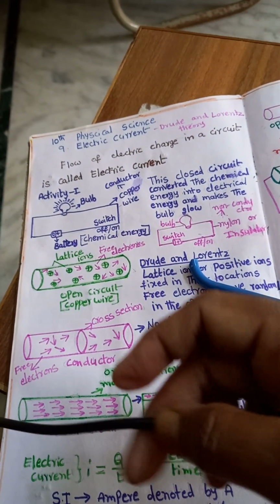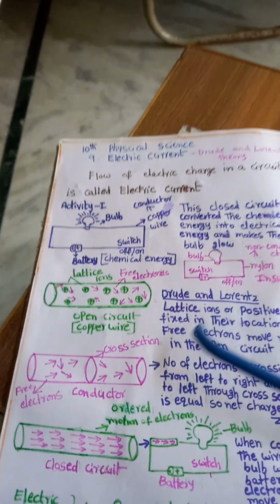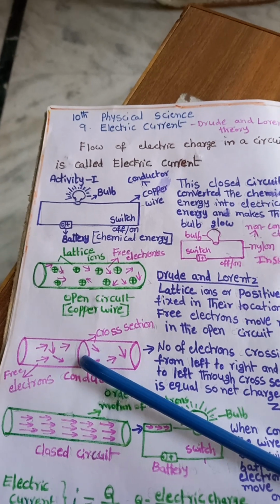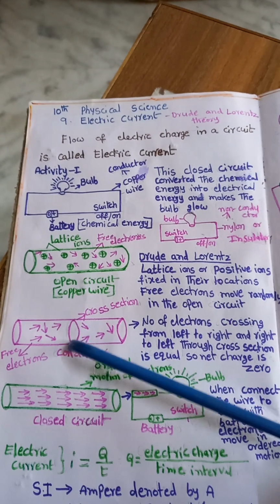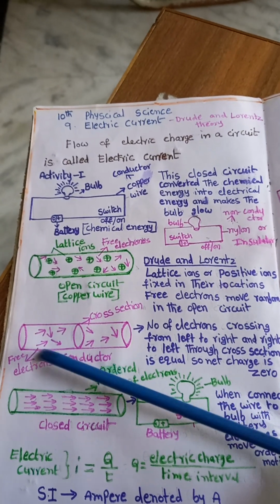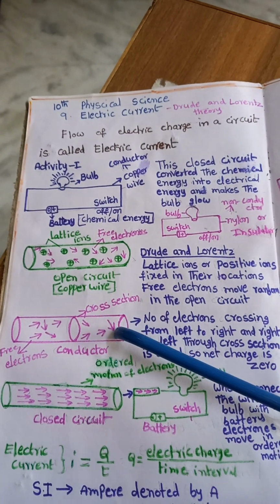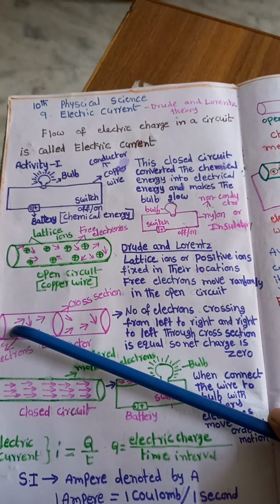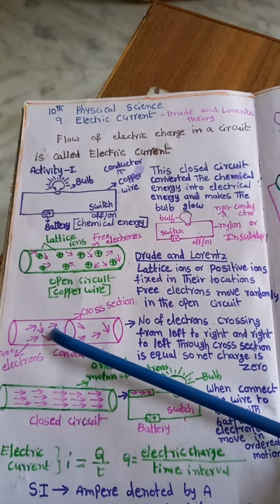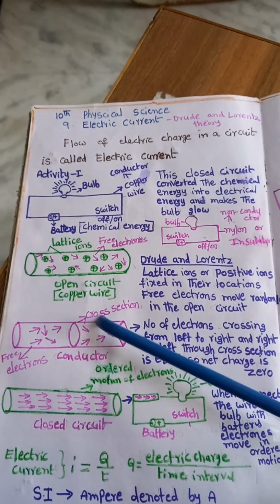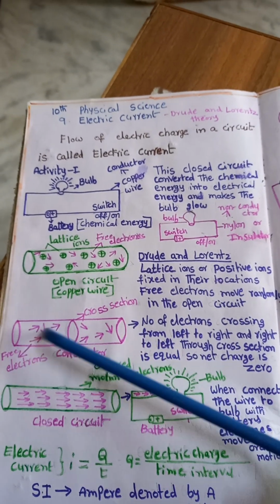When we observe the inside of the copper wire, there is a cross section between the two ends. When the free electrons move from left side to right side and right side to left side, the charge passes from left to right and right to left equally, so the net charge is 0.